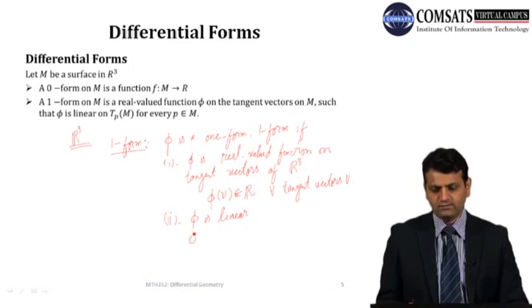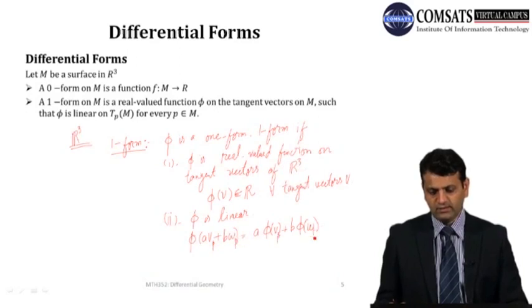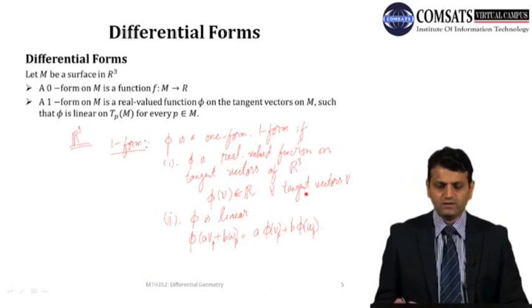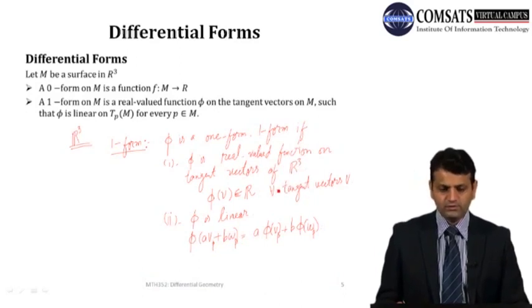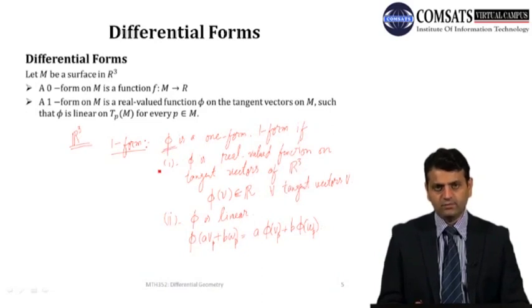So phi is linear means phi of AV plus BW is equal to A phi of V plus B phi of W. और ये जो दो vectors हैं, they are tangent vectors to R3 at the same point P. So अगर ये दो properties satisfied हो जाएं तो हम ये कहते हैं this phi is a one form.